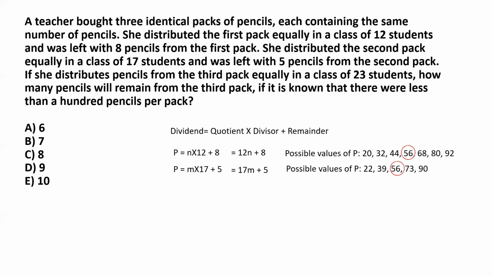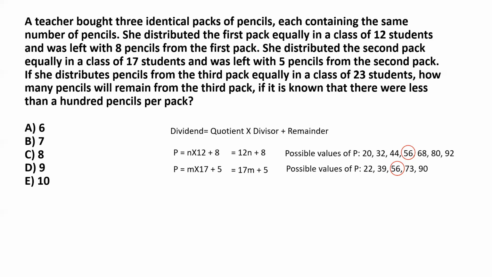And in this case, it's pretty easy to spot that 56 is common to both sets of possible values, right? So the value of P, the number of pencils per pack, will be 56, because that's the only integer value of P that satisfies both the equations, and at the same time, it's also less than 100.